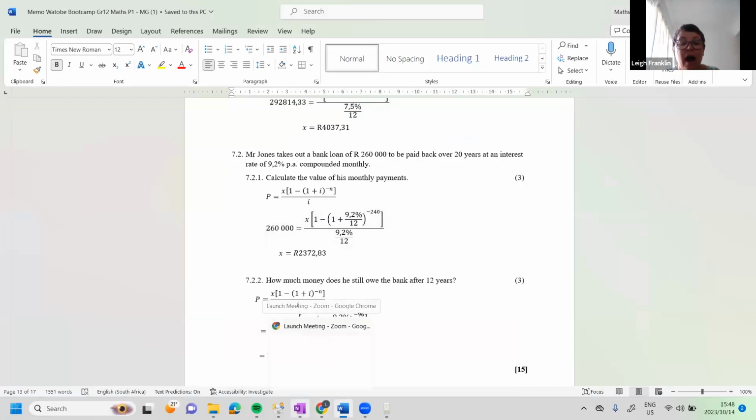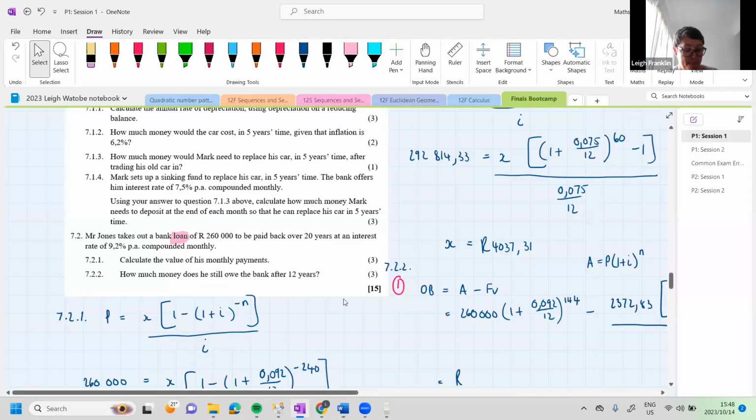Hi, ma'am. Hi, Lesedi. Ma'am, may I please confirm something? When we're using this method of getting the outstanding balance, when we sub into the N value, do we sub in the number of payments made or the ones that still need to be made? Because there's a difference in the two. Yes, there is. So now it depends which formula you use, my girl.